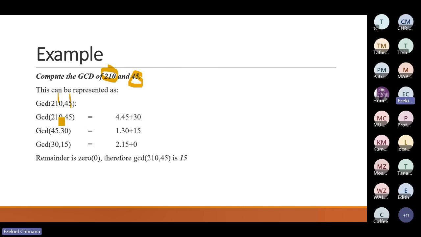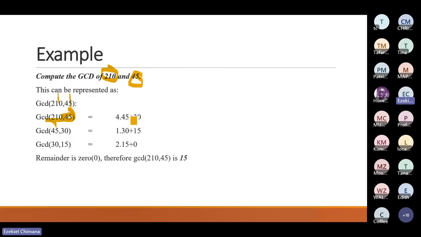So what do you do here? The GCD of 210 and 45. I want to find the greatest common divisor of 210 and 45. You say 45 into 210, and you write the answer in a form where you place the remainder on its own, and then you write the exact value that you got as your answer multiplied by this value.